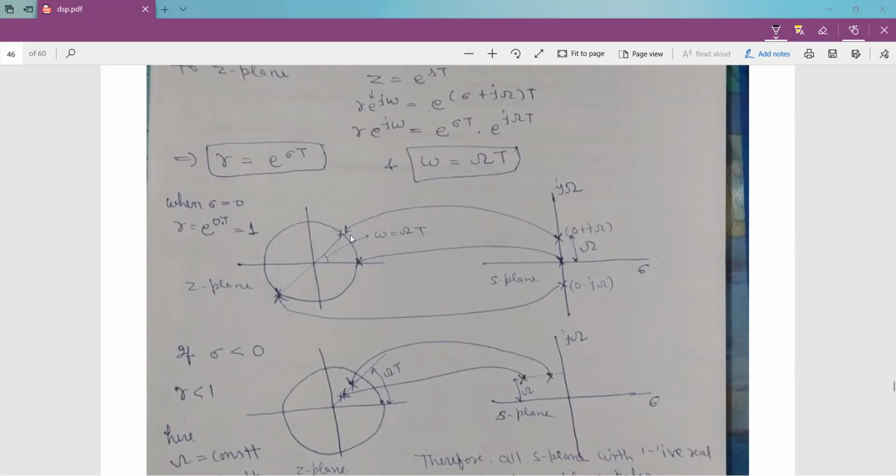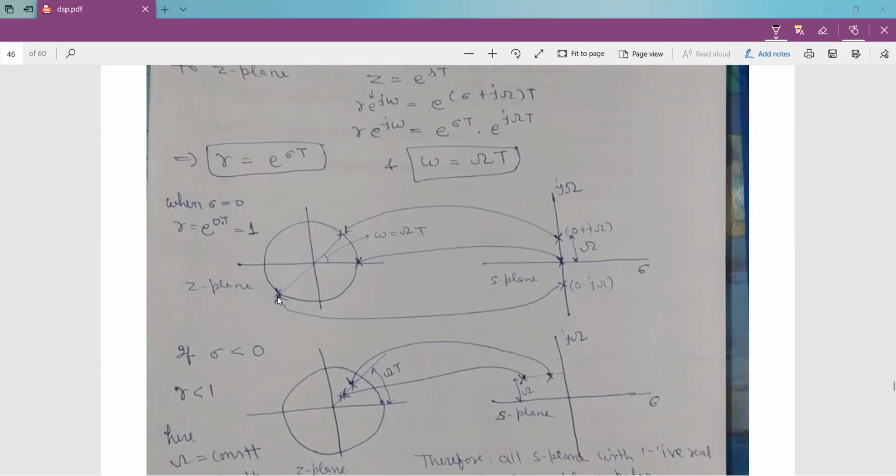So this will be the mapping of this particular pole. Similarly, if there is an opposite pole at the location of sigma value 0 and minus j capital omega, the corresponding digital frequency for this will be minus capital omega T.